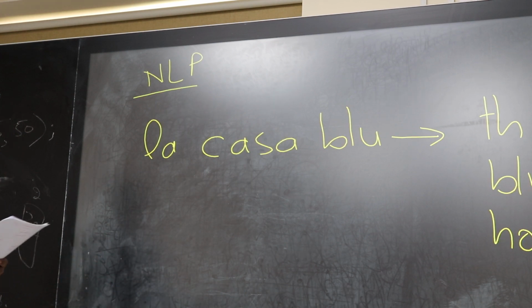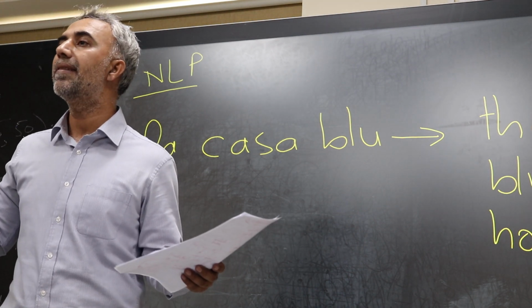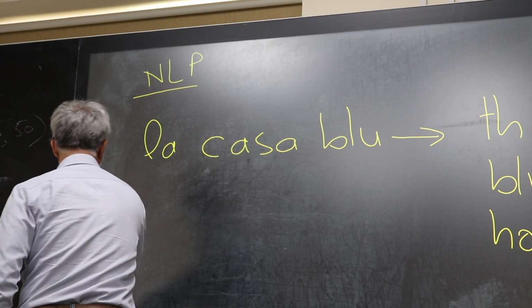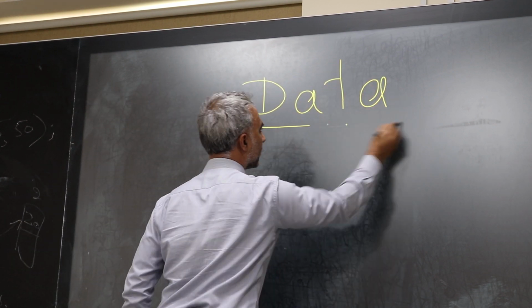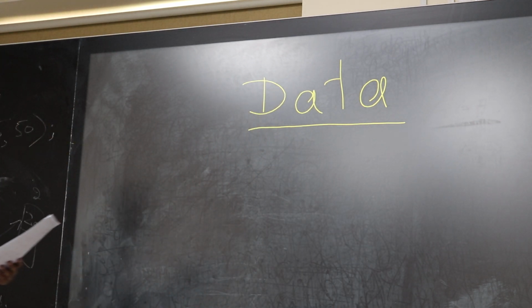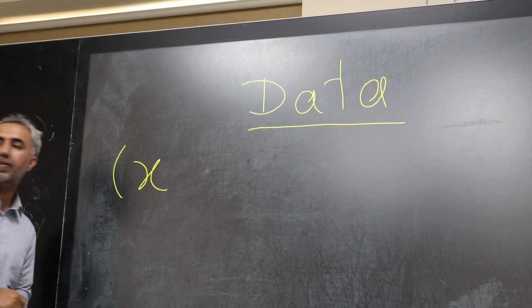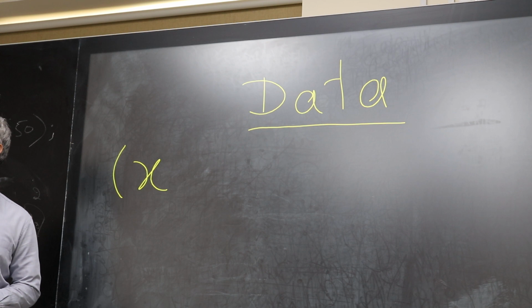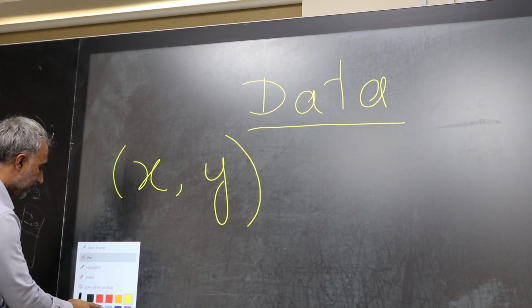But underground of all the systems, all the classifications, the very important thing is what? This is data. And for this data, you should have certain features, and against certain features, you have some ground truth.